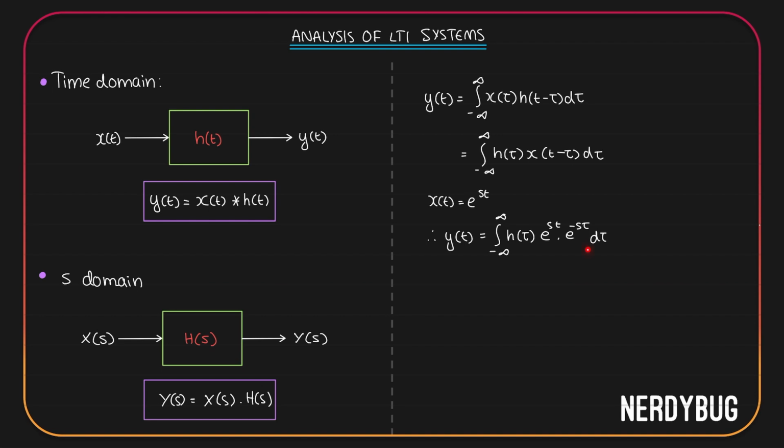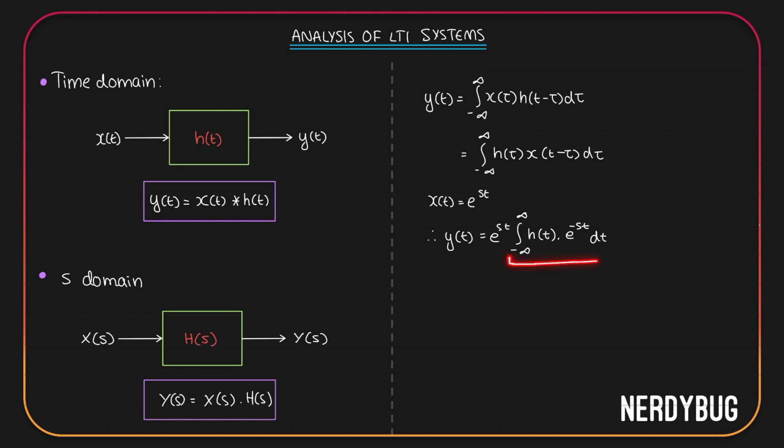The integration is with respect to the variable tau, so e raised to st can come out of the integration. Now what we have over here is integral from minus infinity to infinity h of tau e raised to minus s tau d tau. We know it doesn't matter what we are calling the variable of integration, which is tau here. I'm just going to call it t.